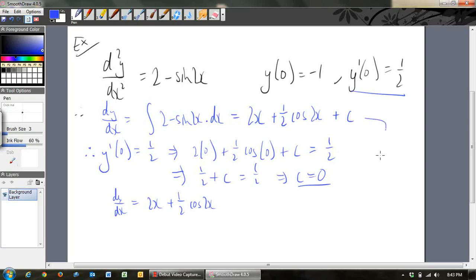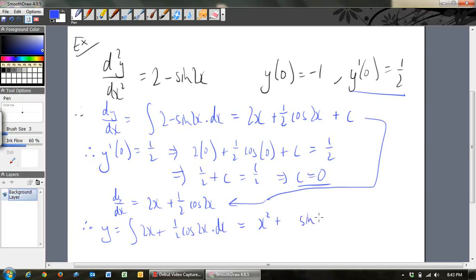C is equal to 0, so it's equal to that. Therefore, y is equal to, we want to get to y, so we just need to integrate again. The integral of 2x plus half cos 2x dx equals the integral of 2x, x squared. Integral of this, well, cos will go to sine, so it will be plus sine 2x, and we're going to be dividing by 2, so it's going to be 1/4.